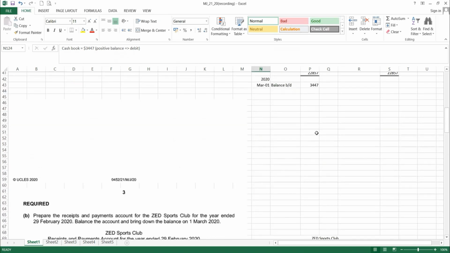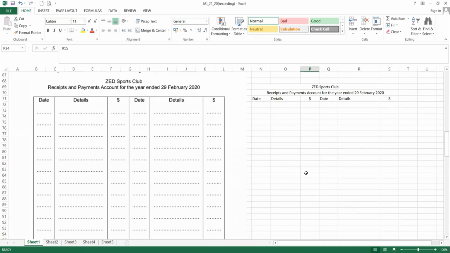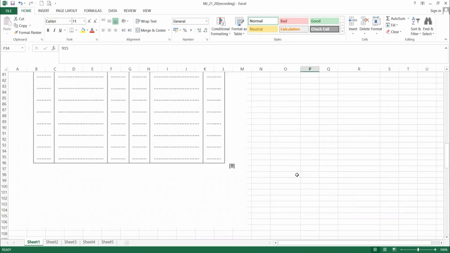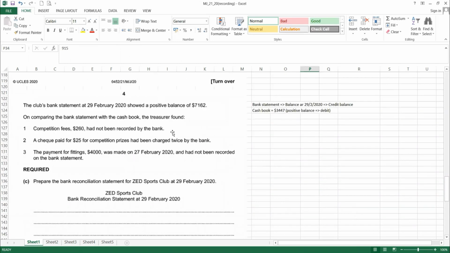In our amount here, competition fee is an income. Out of this amount, 260 has not been recorded by the bank. In bank reconciliation, we call this an uncredited amount. So take note, this is an uncredited amount.